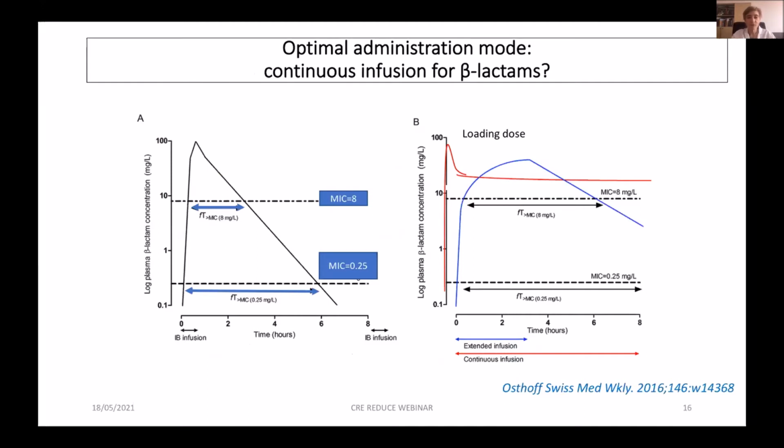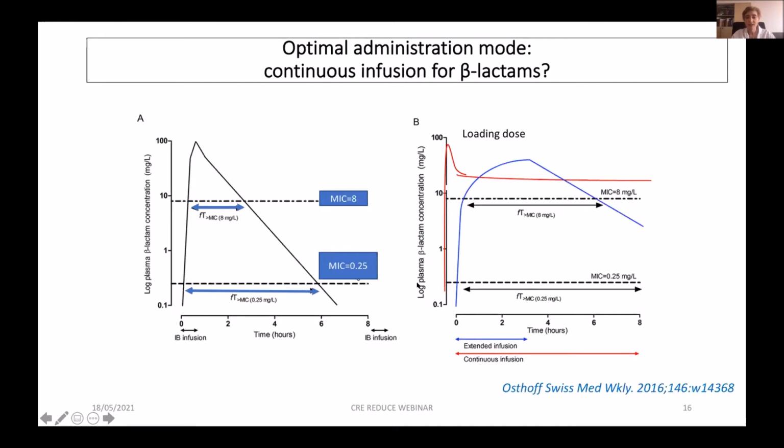As I've shown you previously, when you consider a low MIC, it's quite easy with intermittent bolus infusions to maintain the concentrations for a longer period of time. But when targeting higher MICs, you can see that with intermittent bolus, this time is highly reduced.